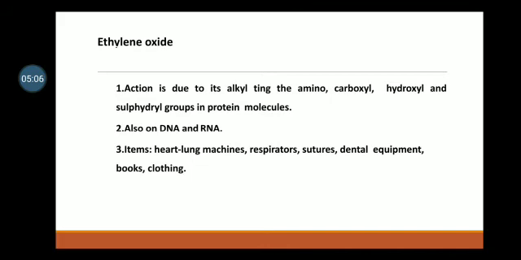Ethylene oxide: action is due to alkylating the amino, carboxyl, hydroxyl, and sulfhydryl groups in protein molecules, also on DNA and RNA. Items sterilized: heart-lung machines, respirators, sutures, dental equipment, books, and clothing.